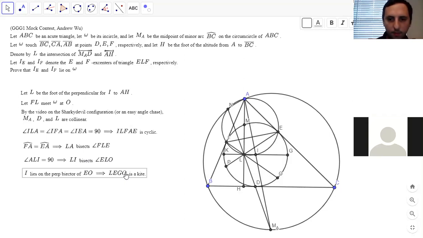I think so. Because let's see, IE equals IO, and angle ELI is angle OLI.